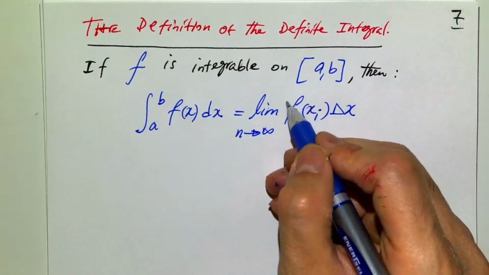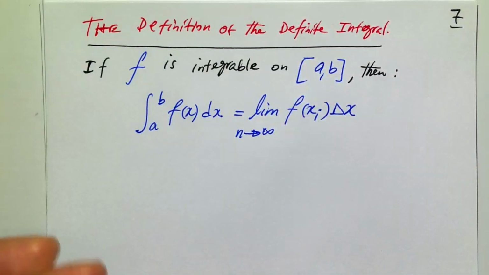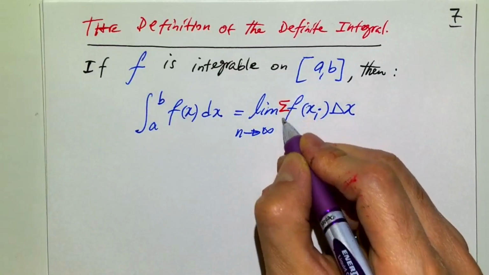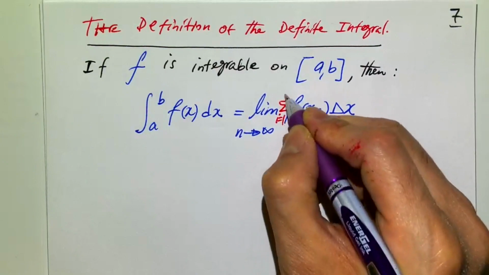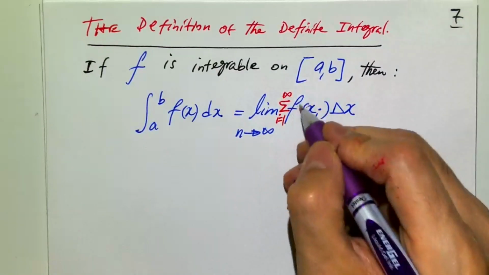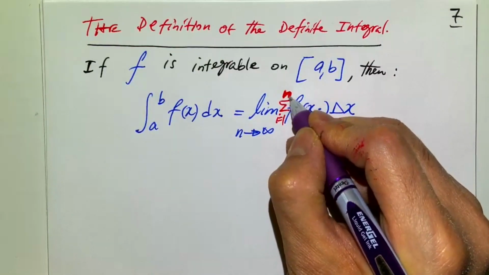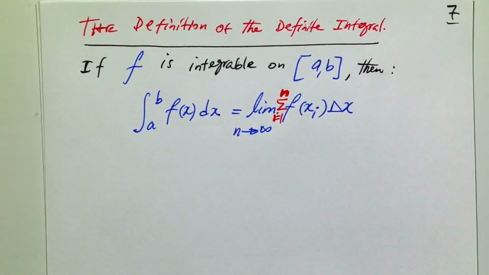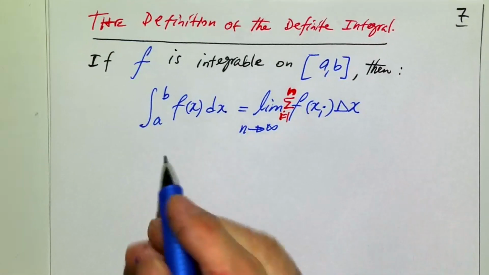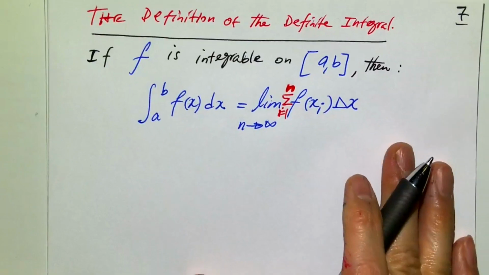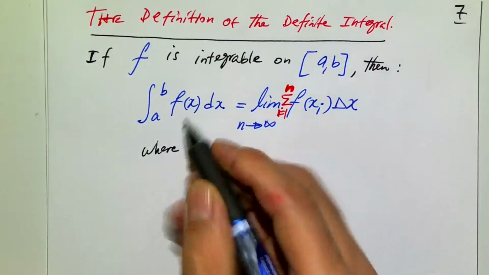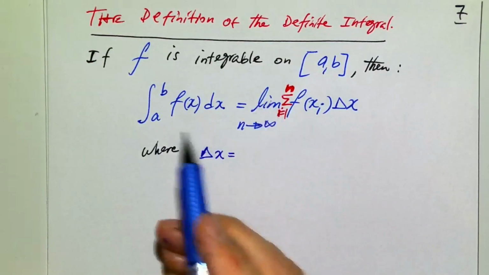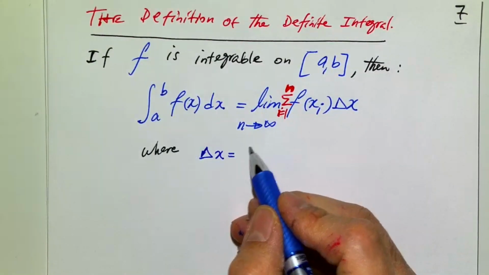I should remember to put my sum notation here: the limit of the sum, i going from 1 to n, and n goes to infinity, where we have delta x, which is equal to b minus a over n.